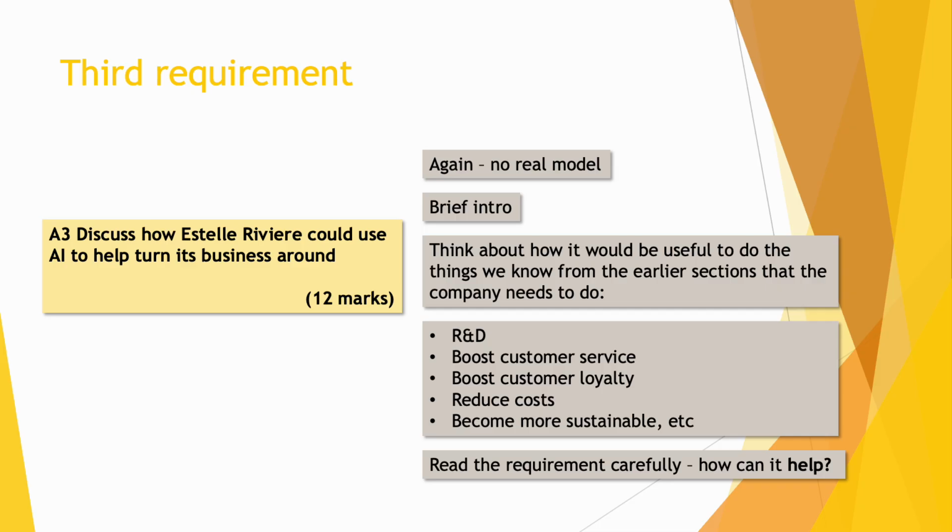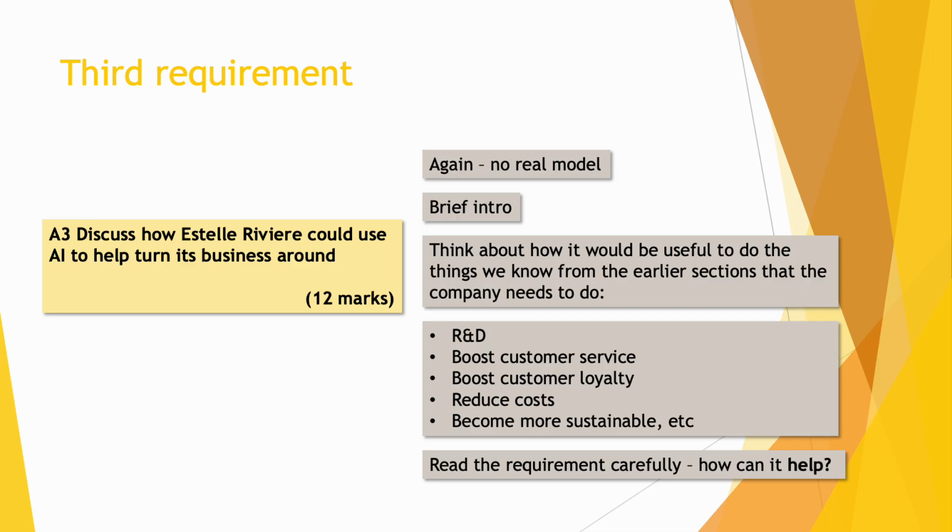It's not asking you for the problems with AI, of which there are millions. It's just asking for you, how would you use it to benefit the company? So that's a really important little focus. So if you look at your answer and you've done loads of negatives, you're not going to get negative marks, but you're not going to score anything for those. So let's think about some of the areas that you could use AI to help this company.